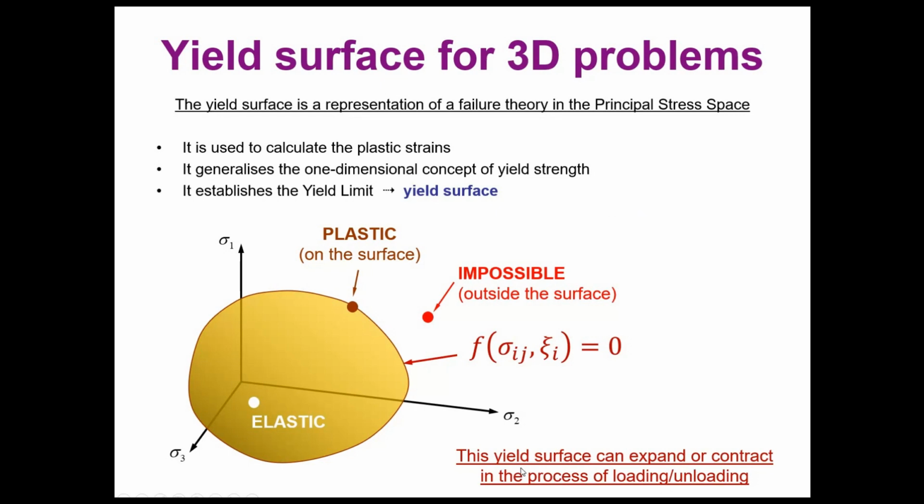So I just added here a detail that is important. This yield surface can expand or contract, so it's not fixed as we studied before when we studied the classical theory of failure. The processes of loading and unloading and reloading are the processes that control or affect the size and the expansion or contraction of the yield surface, depending on the material you are trying to simulate.